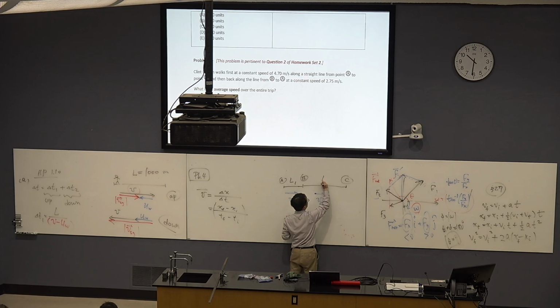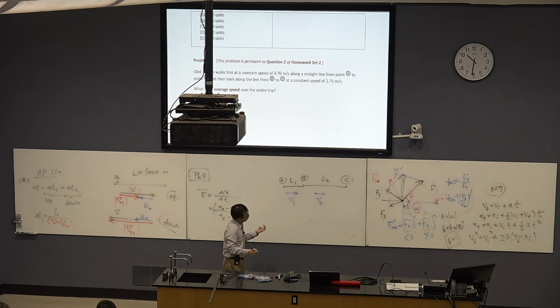The distance between B and C is called L2. Then I can also ask you what is the average speed from A to C. This is a different problem, like a variation of this problem here.